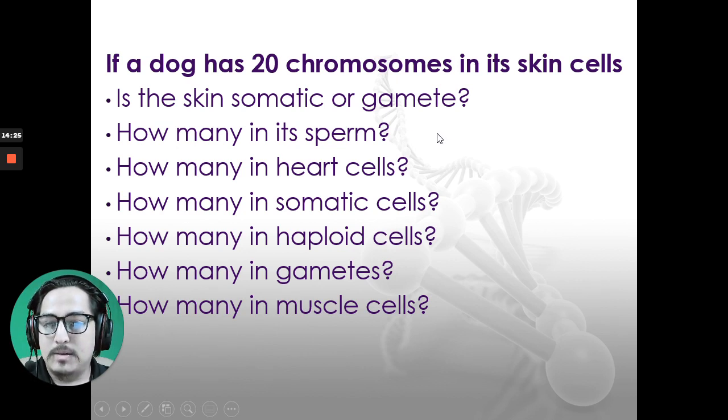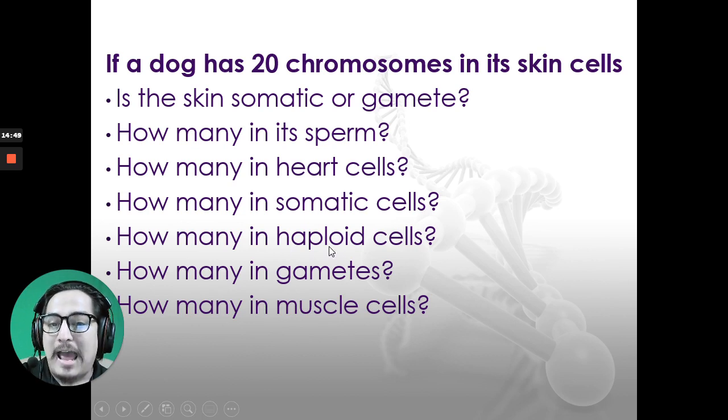Right? Now, how many in the heart? The heart is a body cell, somatic. So the answer is 20. How many in the somatic cells? 20. Now, how many in haploid? Careful. This is a new word. Now, you see how I said it?